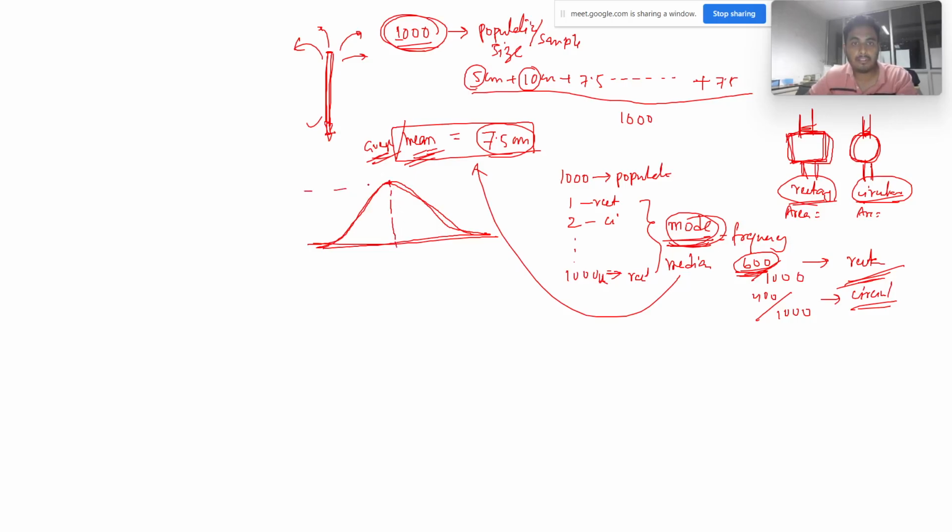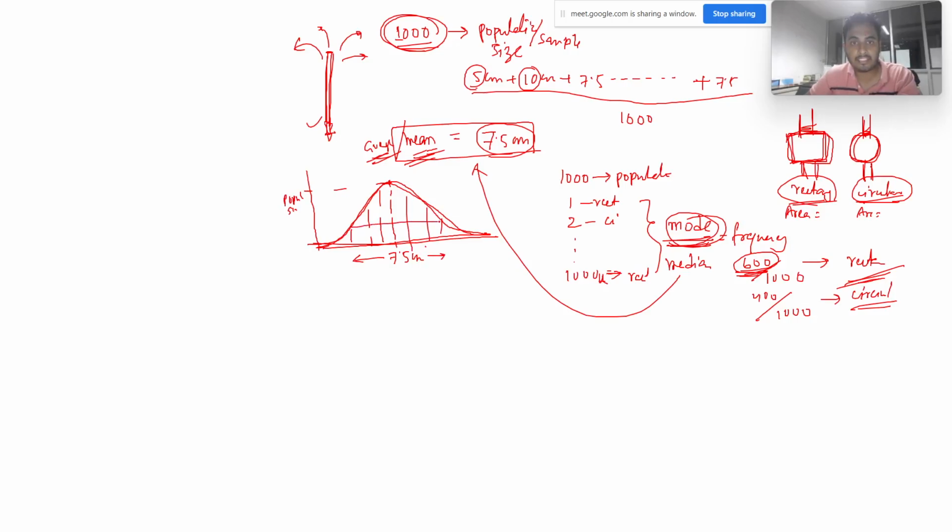So this particular axis defines the length, and this is the population, the size. And people who say that it is less than 7.5 are here. There are fewer people, and people who say it is more than 7.5 lie here.